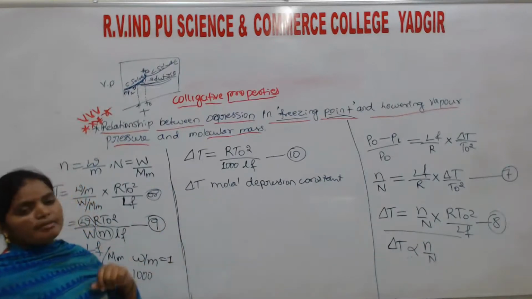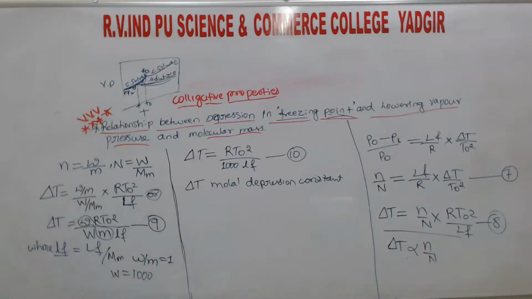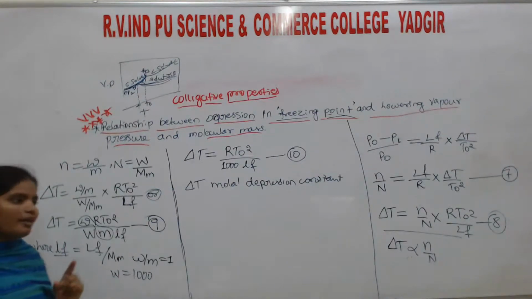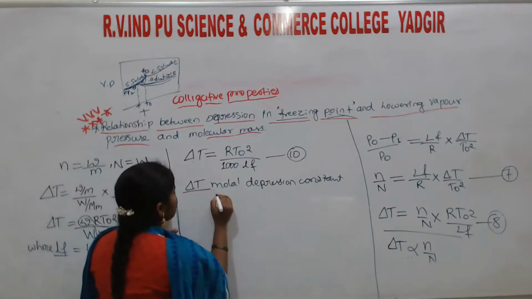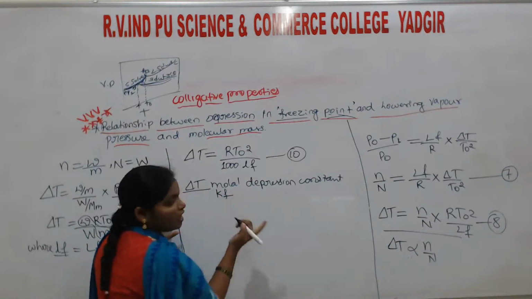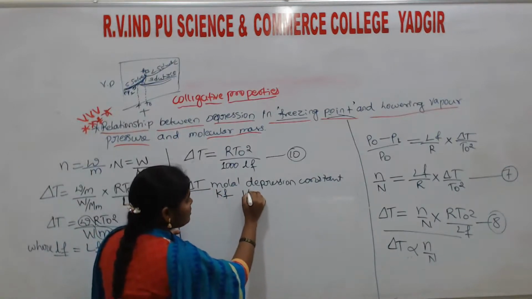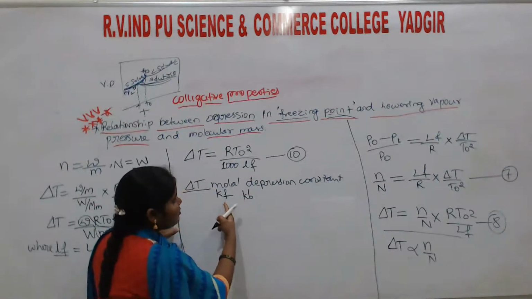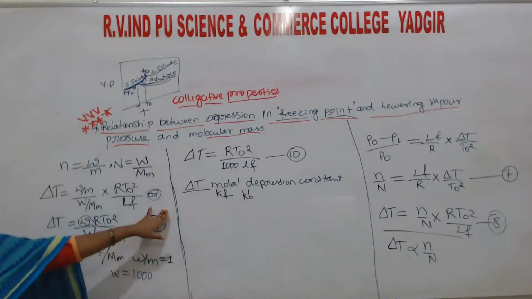Here it is the molar depression constant, and it is denoted by Kf. In elevation in boiling point that is denoted as Kb. Here it is denoted as Kf.